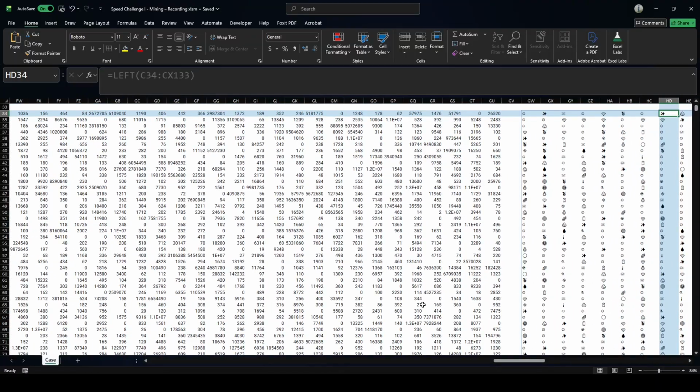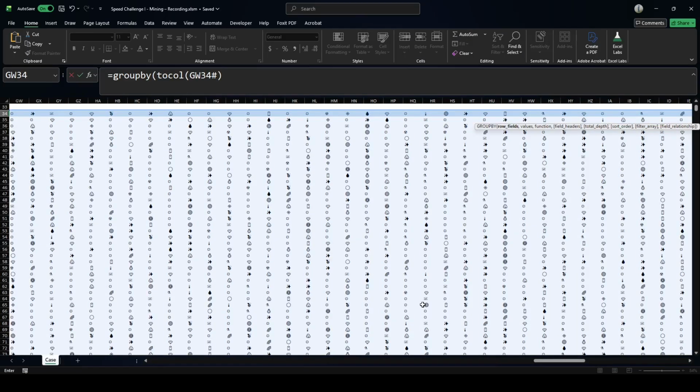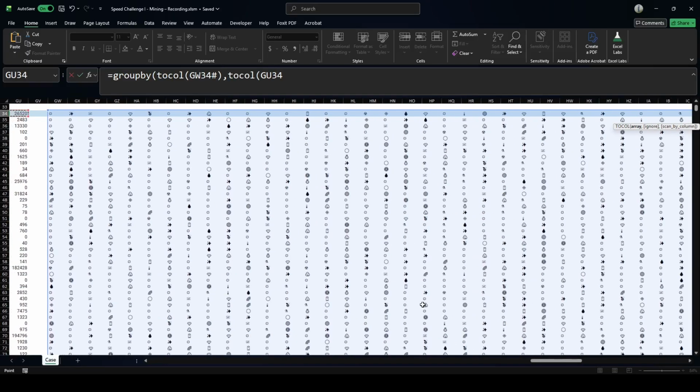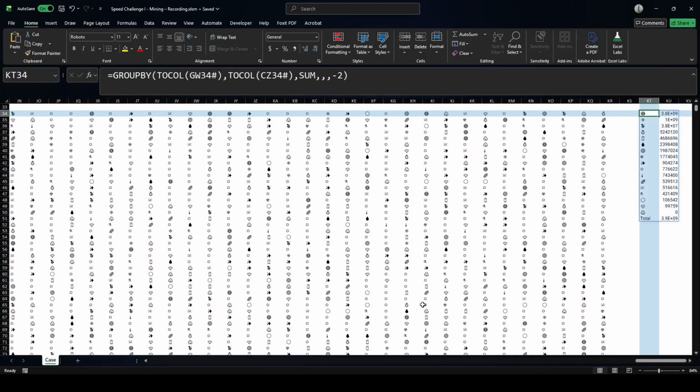So over here, group by row fields is going to be tocol of these symbols. Values is going to be tocol of these amounts. We're going to do sum. There you go.